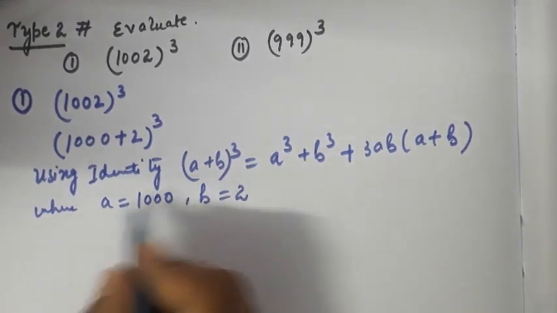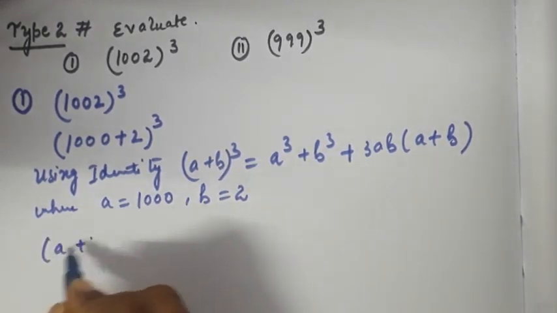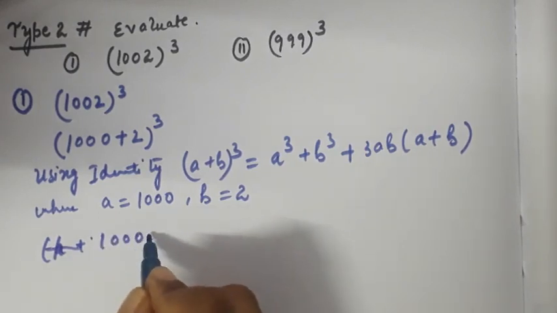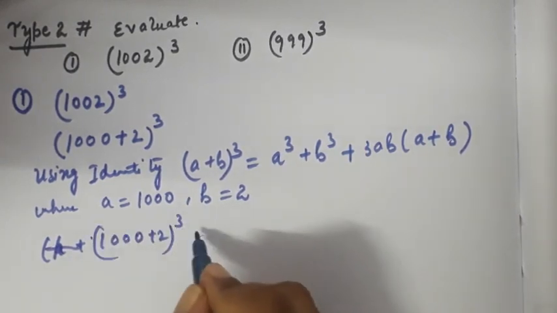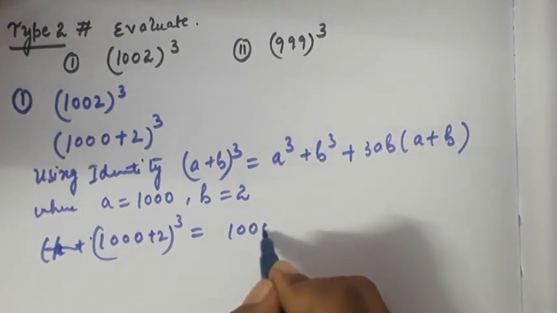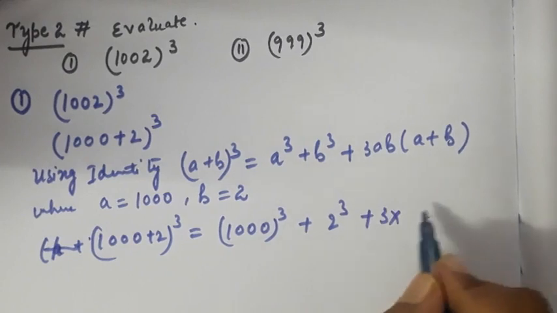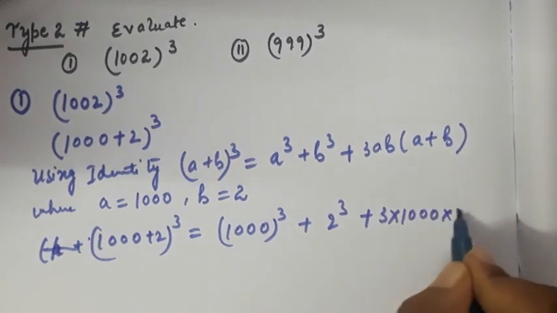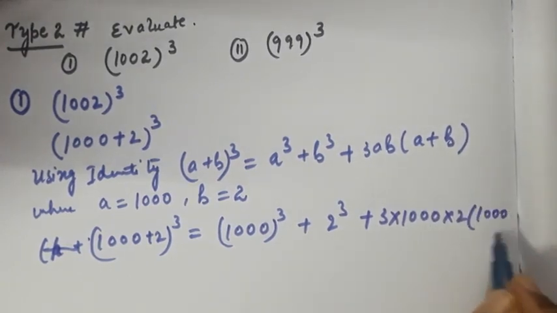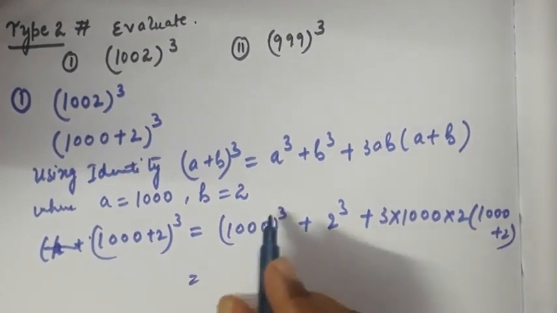Just substitute these values to get the expansion, that is 1000 cube plus 2 cube plus 3 into 1000 into 2 into (1000 + 2).